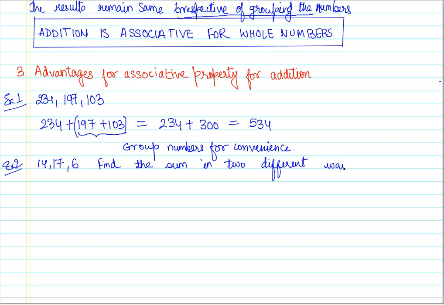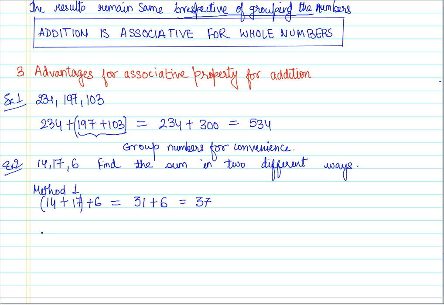How do we go about it? Let's take method 1. We write 14 plus 17 plus 6 equals, and I can group 14 and 17 together. This is my first way. So 14 plus 17 equals 31, and I add 6 to it. So this comes out to be 37.